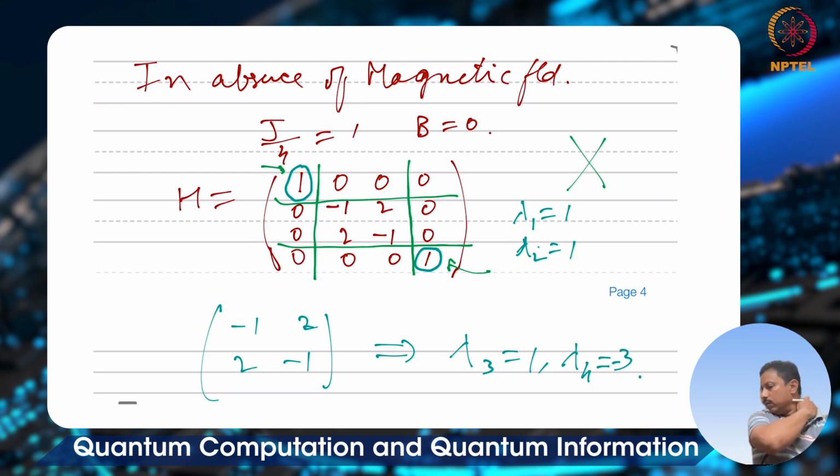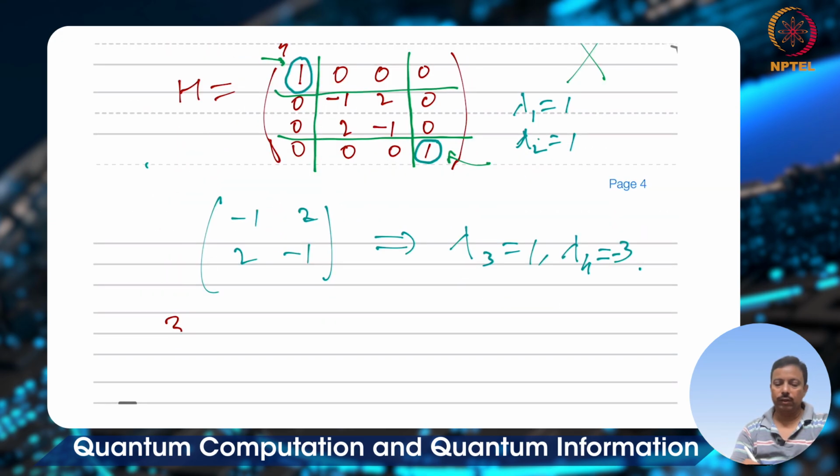So there I have a threefold degenerate eigenvalue lambda equal to 1, and another one, lambda 4 equal to minus 3.